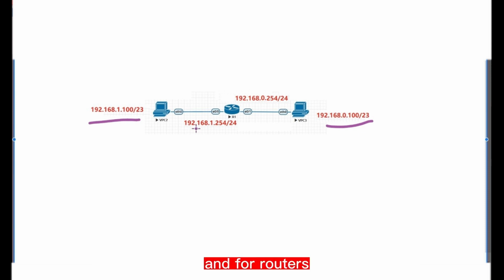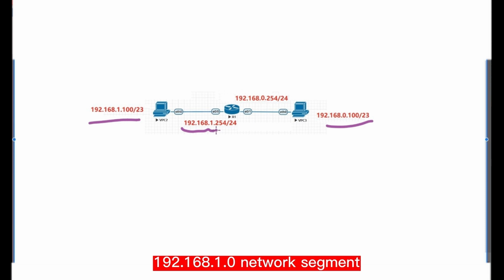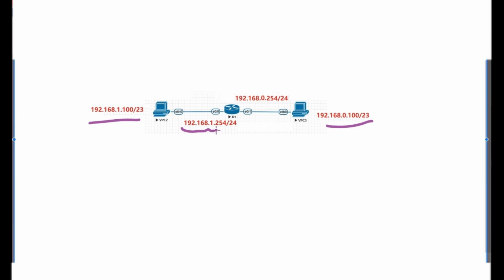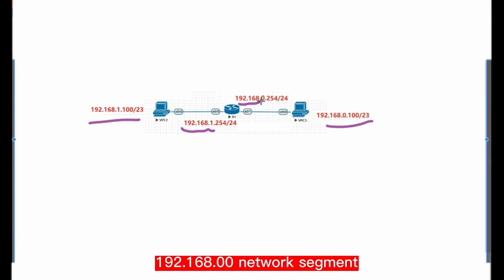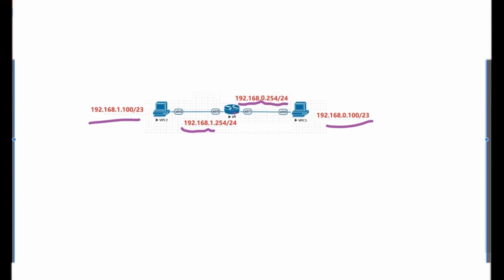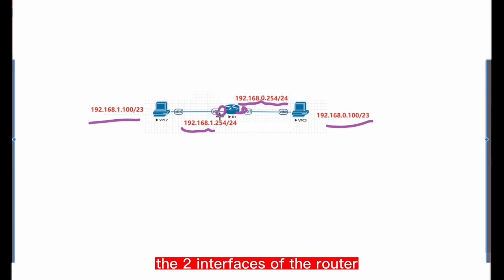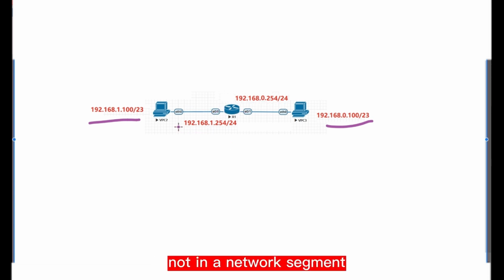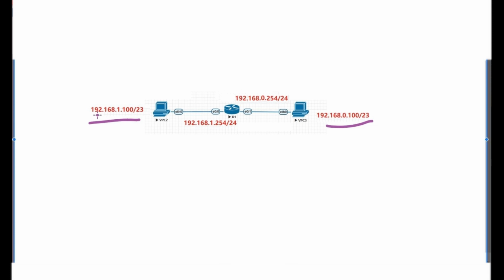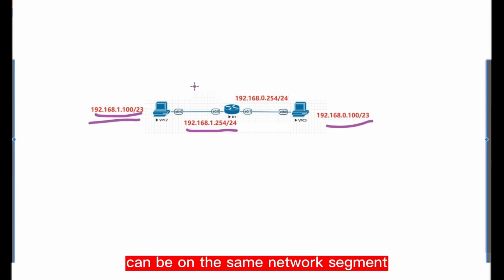And for the router, the left interface is the 192.168.1.0 network segment and the right interface is the 192.168.0.0 network segment. The two interfaces of the router are not in one network segment. But for the PCs overall, they can be on the same network segment.